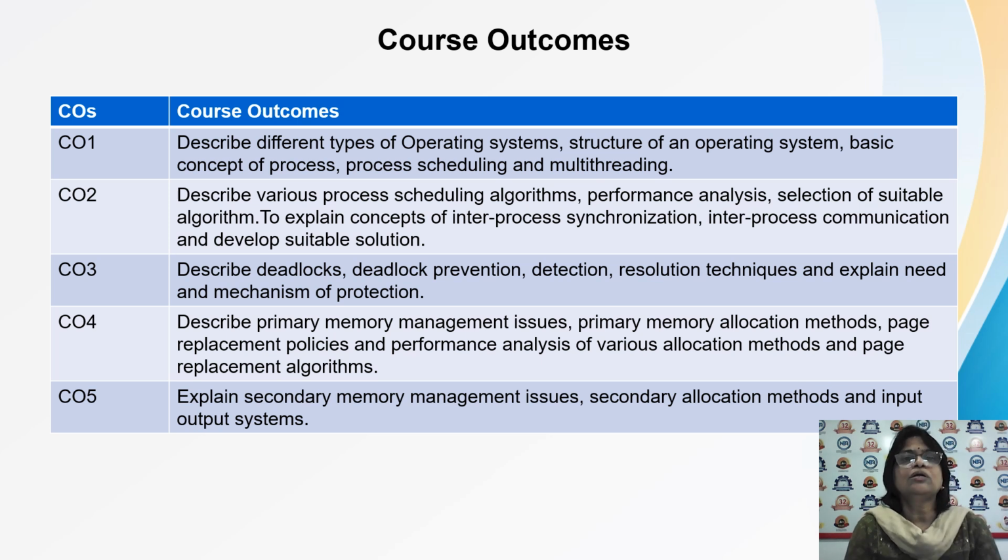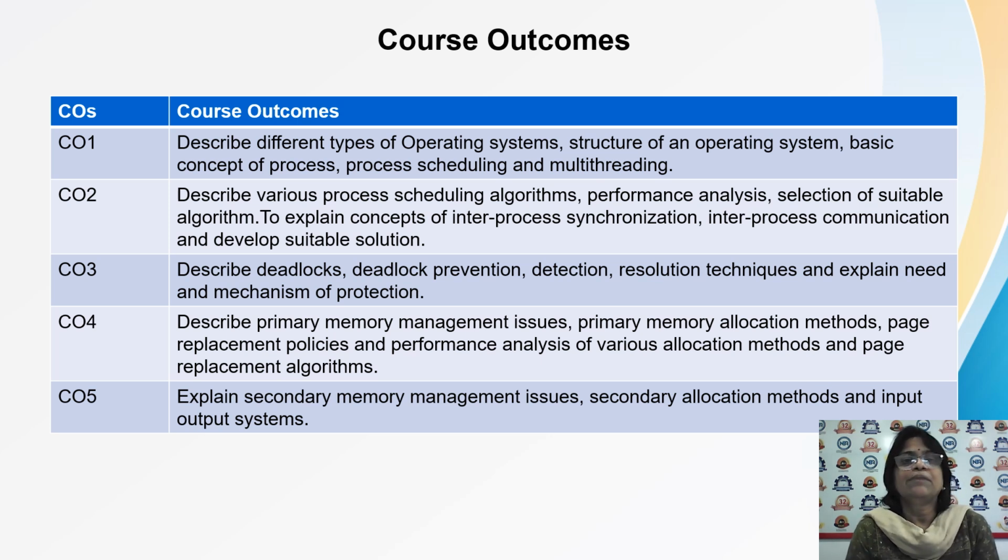Based on the 5 units, there are 5 COs which we are going to cover. The first CO will describe the different types of operating system, the structure of the operating system, the concept of a process, process scheduling, the concept of a thread, the difference between process and thread, and several multi-threading issues.